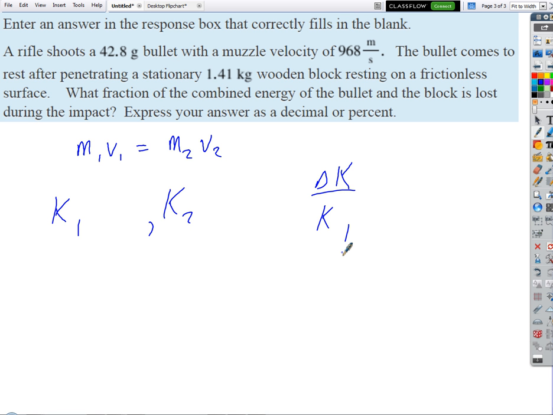What fraction of the combined energy of the bullet and block is lost, right? How much went away? Hypothetically, let's just say before the collision, there was 1,000 joules of kinetic energy, and afterwards, there was 250 joules of kinetic energy. Then we lost, what, 750 was lost out of 1,000, so 75% of our energy was lost.